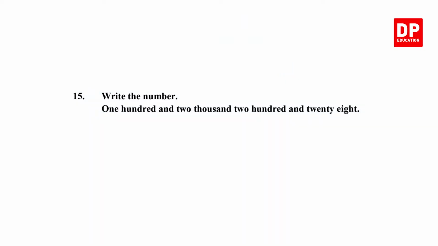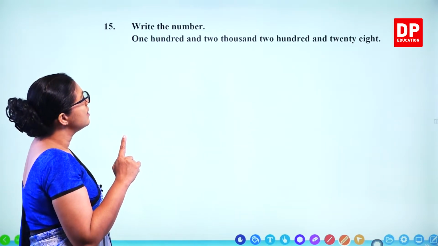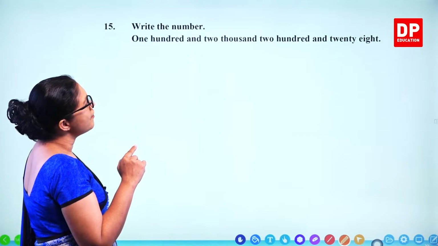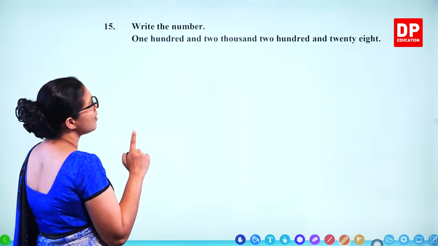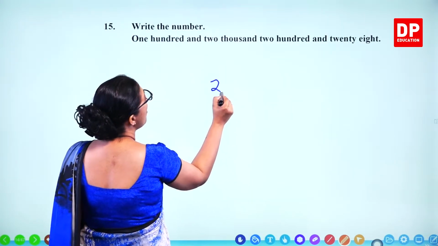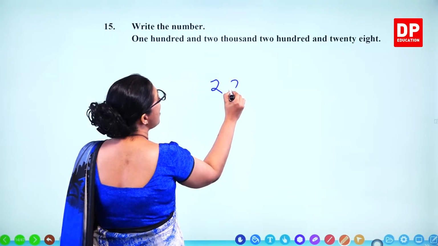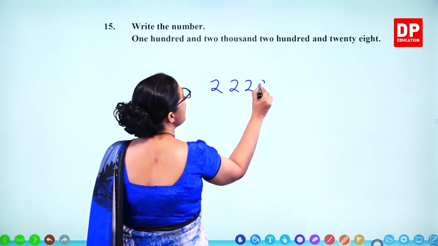Question number 15. Write the number 100 and 2228. So 2000, this part you can write first. 2228.